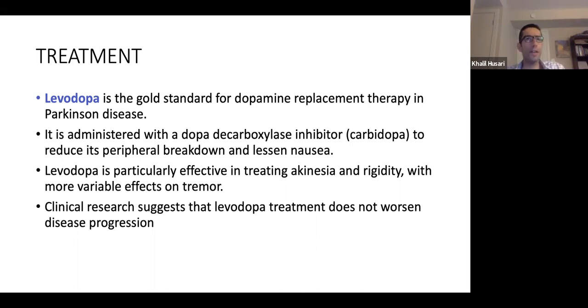The research has not been very good on this, and probably that's not true. Probably levodopa and carbidopa do not make Parkinson's worse, and early treatment is fine. It depends on what the patients are experiencing.